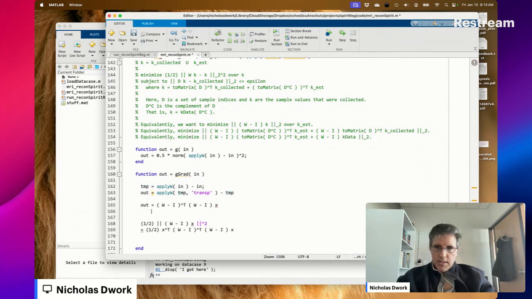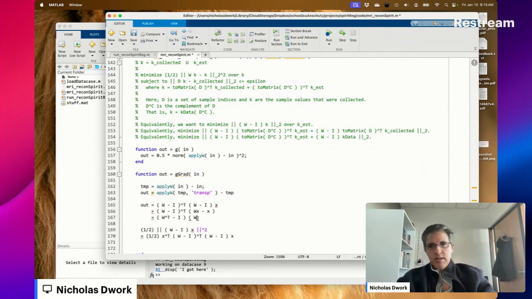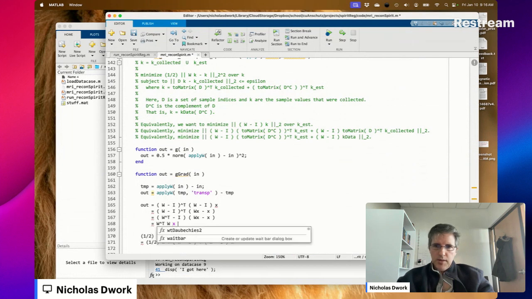Can I simplify this? So this is equal to W minus I transpose times WX minus X. This is equal to W transpose minus I times WX minus X. And this is equal to W transpose WX minus WX minus WX plus X. So that's just minus 2WX there.